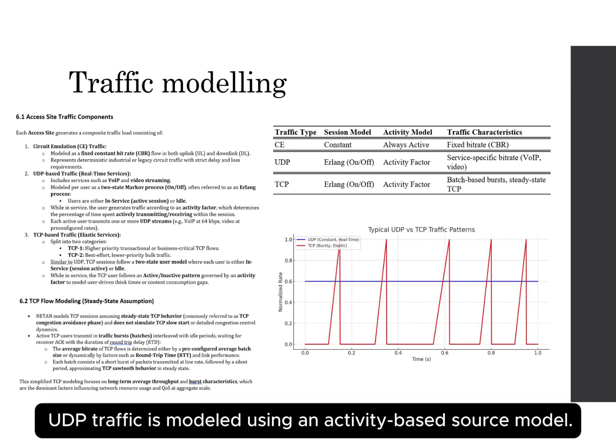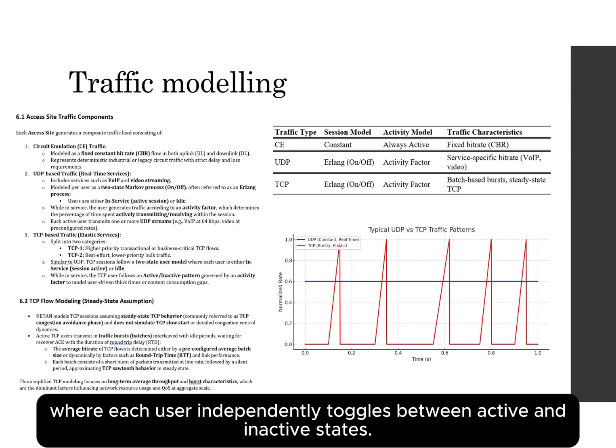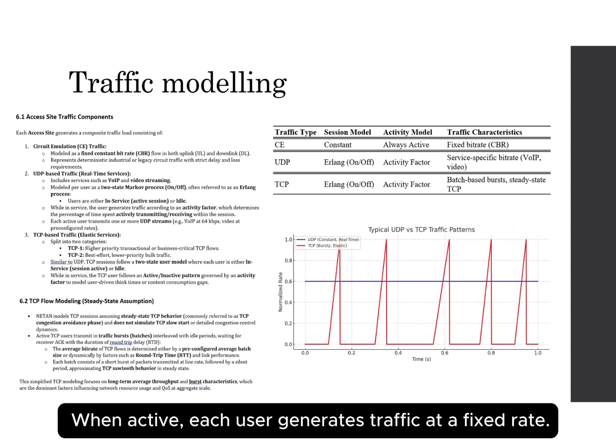UDP traffic is modeled using an activity-based source model. The number of active users at a site follows a binomial distribution, where each user independently toggles between active and inactive states. When active, each user generates traffic at a fixed rate.